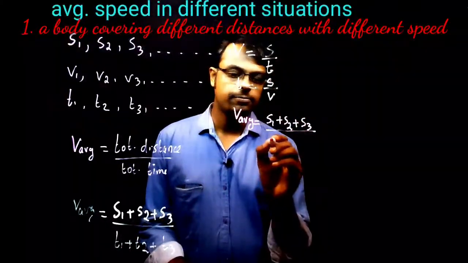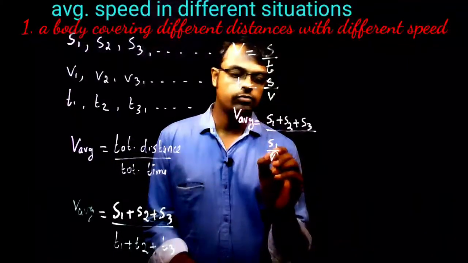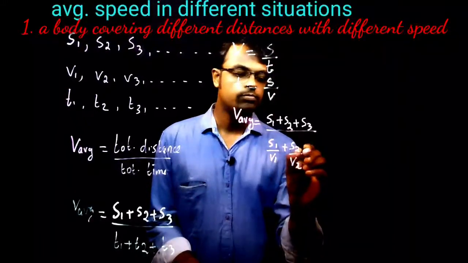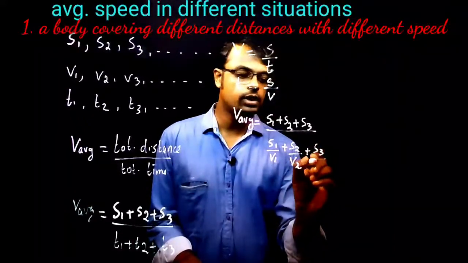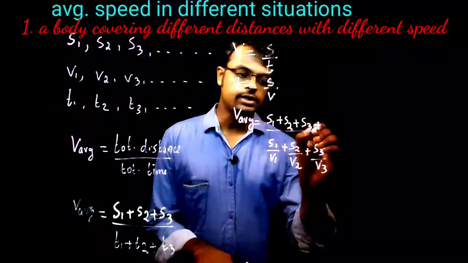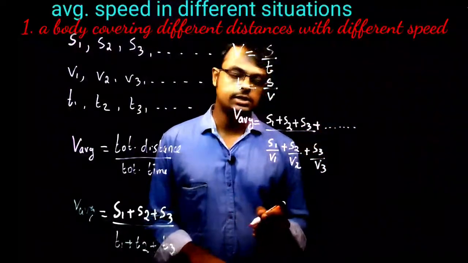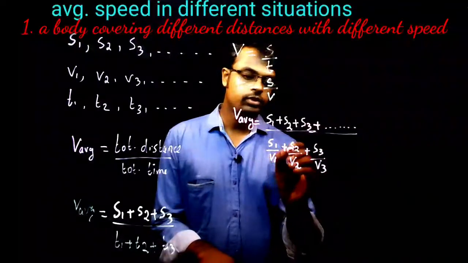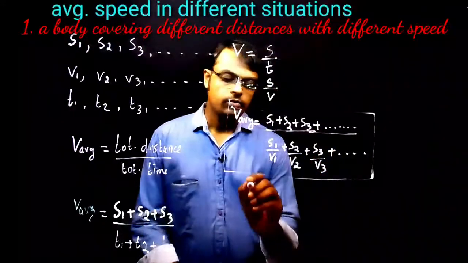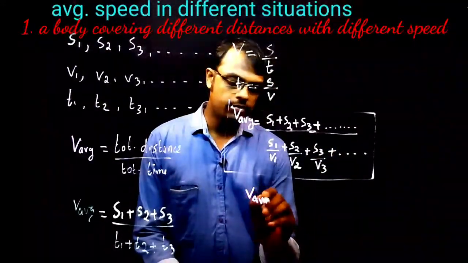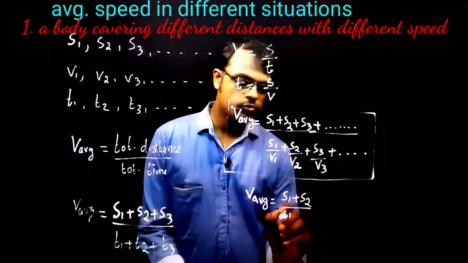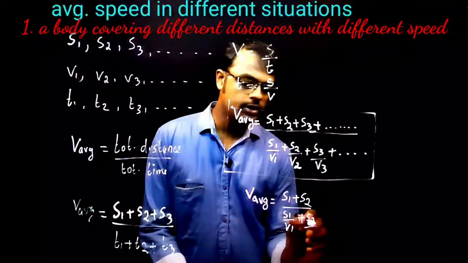So we write S1 divided by V1 plus S2 divided by V2 plus S3 divided by V3. If there are many cases, we can write V average as S1 plus S2 plus S3 plus etc. all divided by S1 by V1 plus S2 by V2 plus S3 by V3 plus etc.